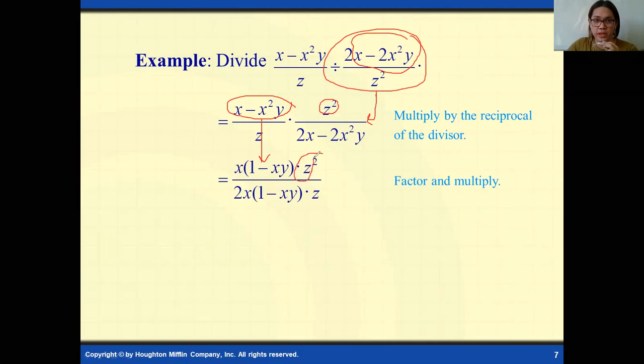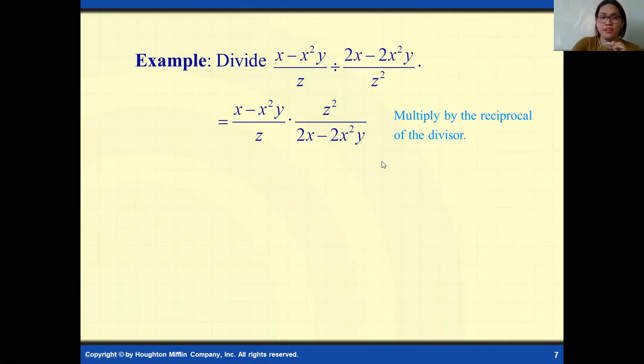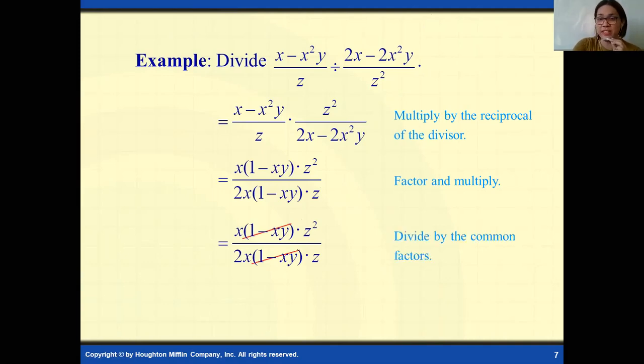Then in your denominator, the factored form of this is 2x times the quantity 1 minus xy times, of course, the z here. Okay? So after we write them in factored form, we can now cancel their common factors, showing division. As you can see, divide by the common factors by canceling them.